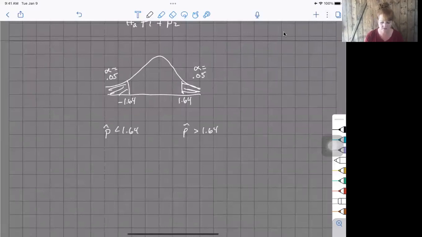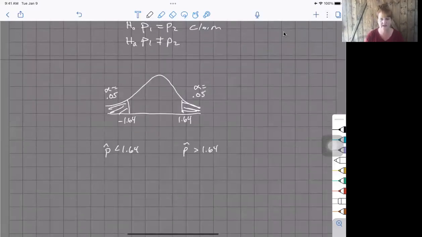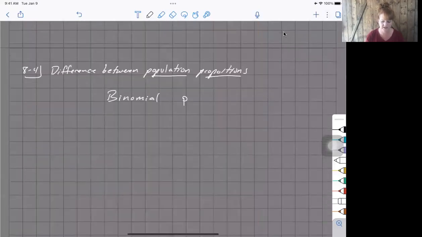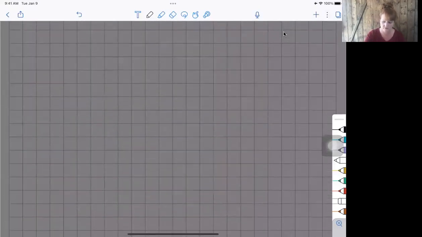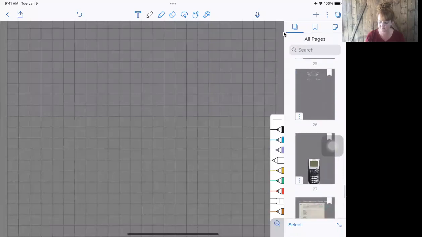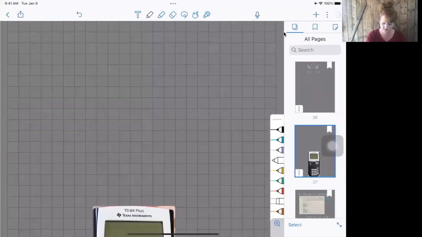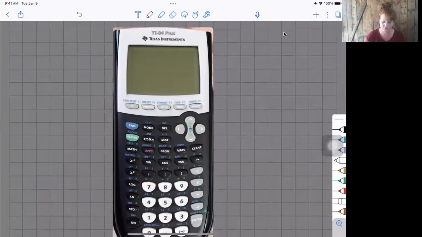Now let's jump to the calculator and do our tests. For my TI people, you're going to go into stat, into test, and mine is number 6. It says 2-prop Z interval.